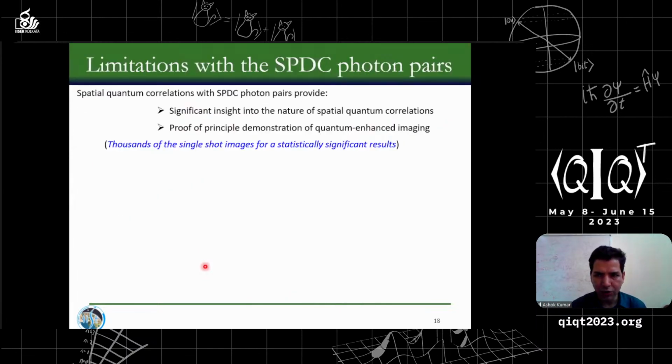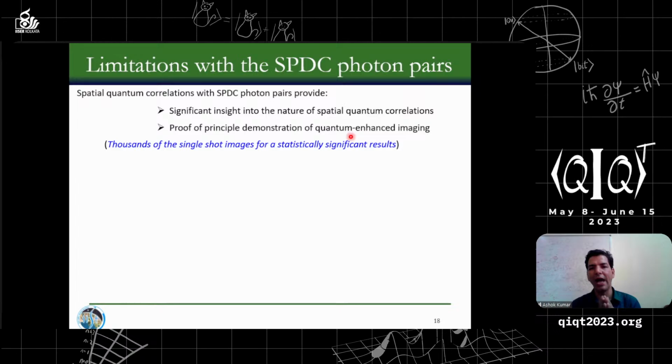One thing I would like to tell you is that these initial experiments with the SPDC photon source have provided significant insight on spatial quantum correlation, and have demonstrated quantum enhanced imaging and other sensing experiments also. But one of the main drawbacks in those experiments is that they are really in the single photon regime.